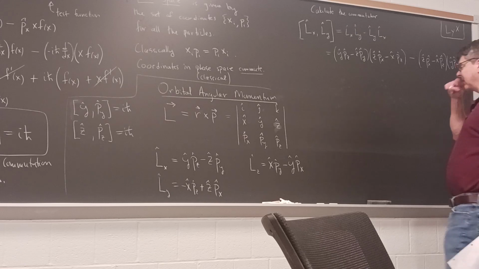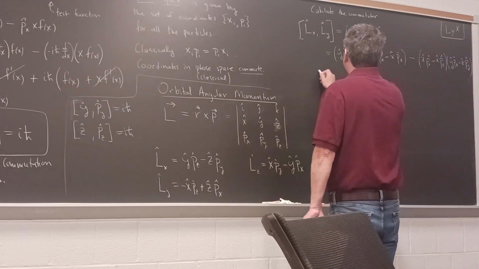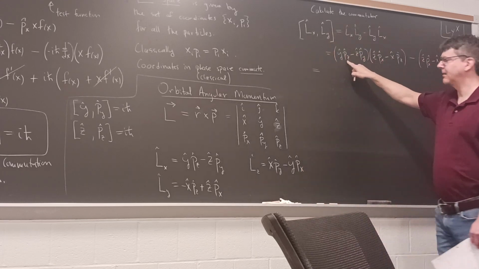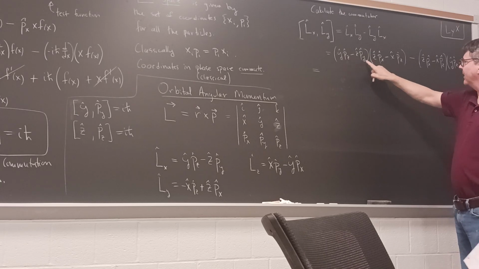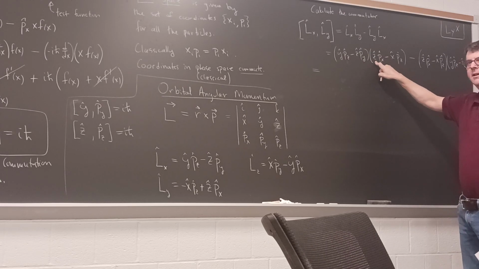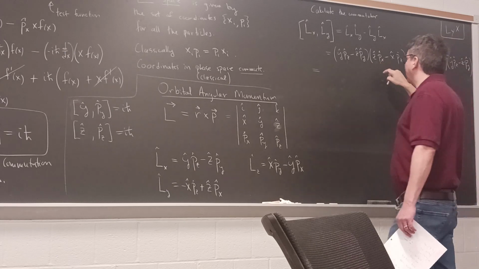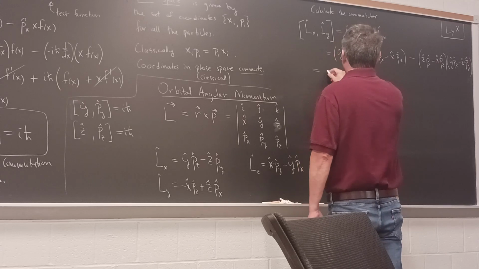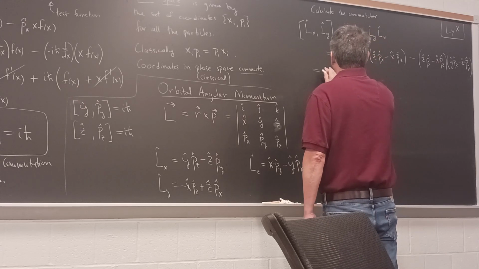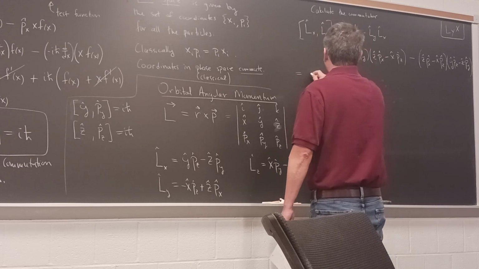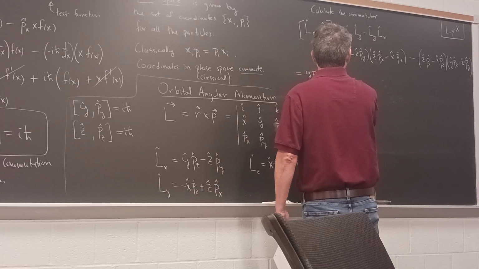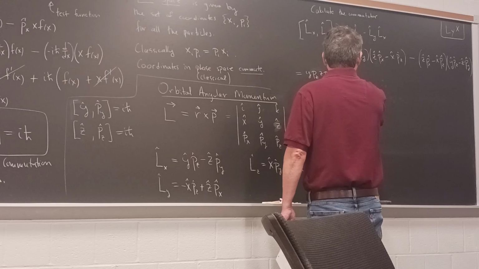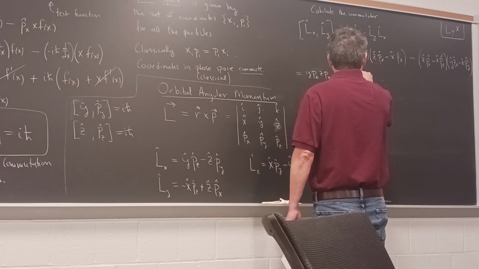Okay, so now we'll have some cancellations, but then we have to be careful. Because remember, this p_z, for example, contains the derivative with respect to z. So if it hits this term over here, it can differentiate that z, and so on. So we can write all this out. Let me drop the hats here just for the purpose of not having to write all of that. So we'll have y p_z z p_x minus y p_z x p_z.